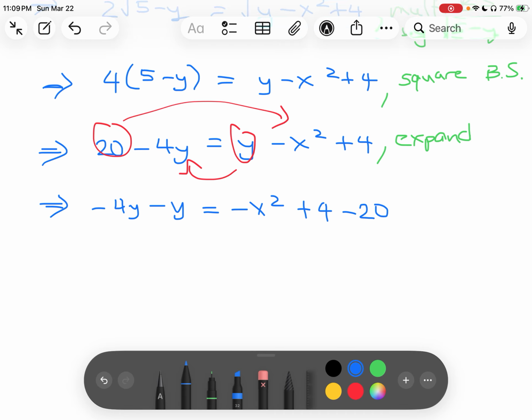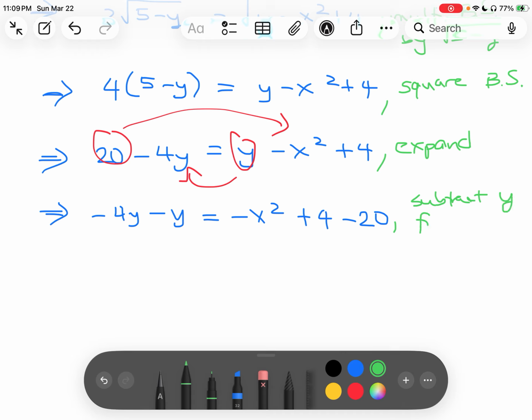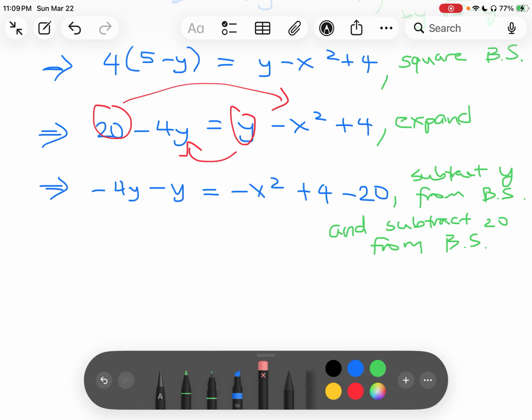What we did there was subtract y from both sides and subtract 20 from both sides.